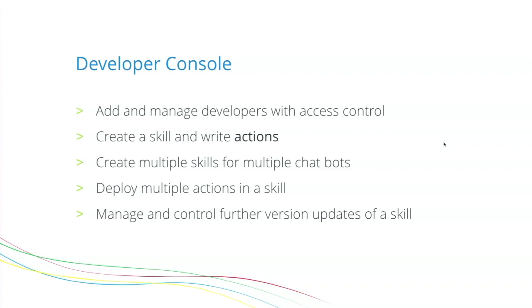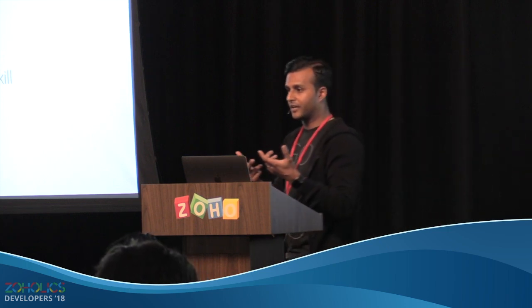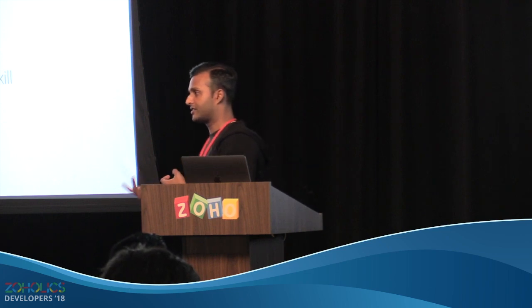The developer console is what we're going to demo. This is where you are actually building the skills. So it's put together in different pieces. You have a chatbot, you have a skill related to that chatbot, and then you can have multiple actions inside that one skill.